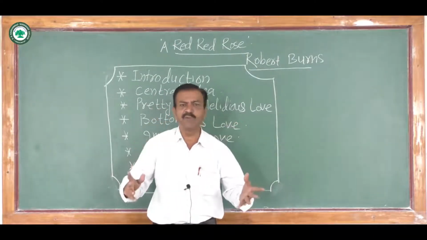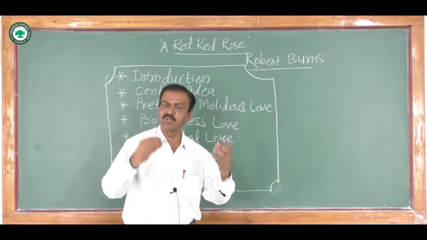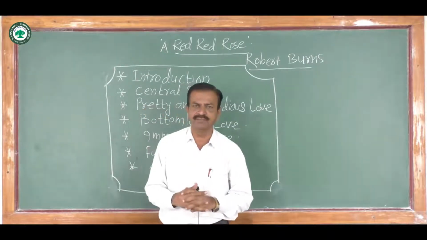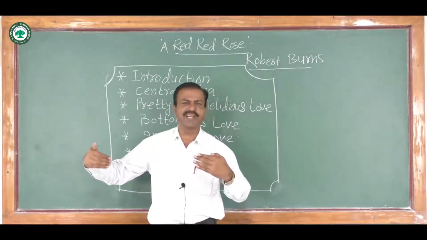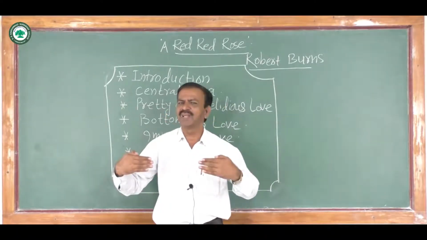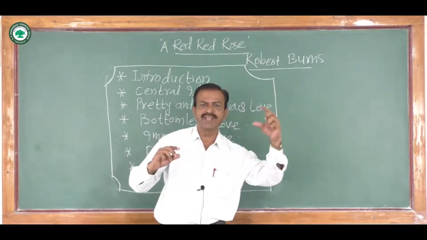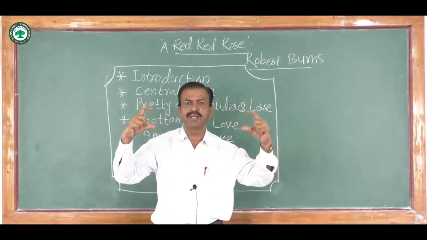It is so fresh, so pretty, so attractive, so fascinating. We can use a number of adjectives to describe the poet's love. So in the first two lines, the love is compared to a beautiful, attractive flower, red in color.